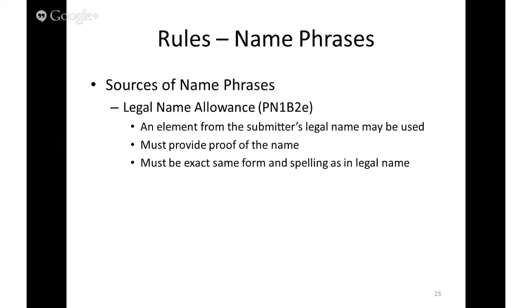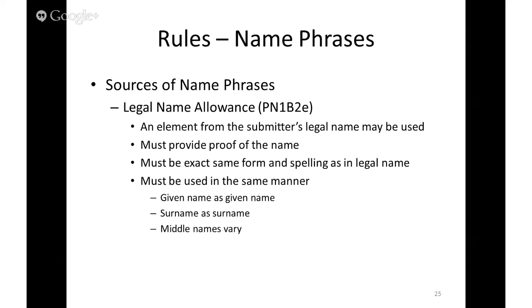So, for example, if your client's real last name is Smith, he can use it under the legal name allowance to register Smith, but not the Smith, because that's not what it says. So a given name has to be used as a given name, a surname has to be used as a surname. Middle names are a little complicated because they vary.